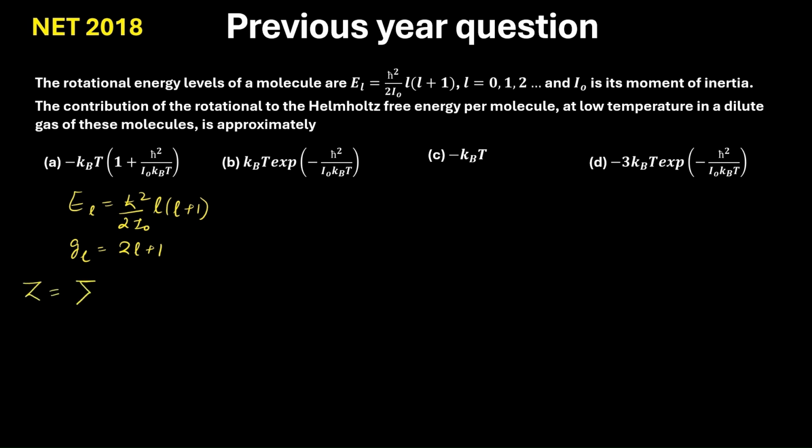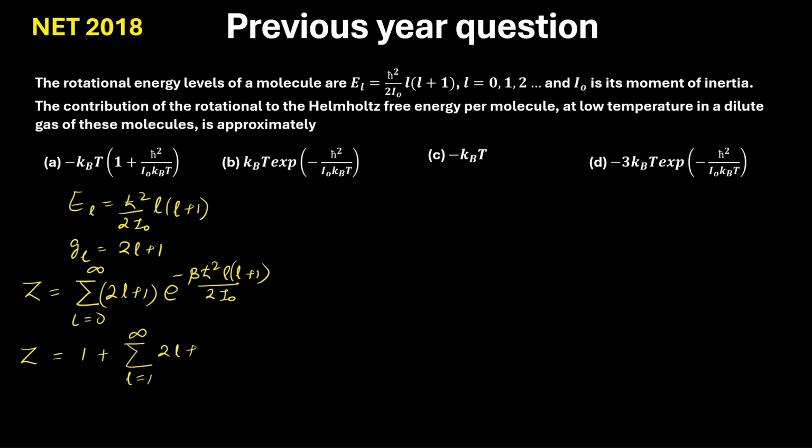So using these two pieces of information, I can write the partition function. It will be the summation from L equal to 0 to infinity of 2L plus 1 into exponential of minus beta h bar square L into L plus 1 divided by 2I naught. If I substitute L equal to 0 here, then I'll get 1 plus the summation from 1 to infinity of 2L plus 1 e to the power minus beta h bar square L into L plus 1 divided by 2I naught.